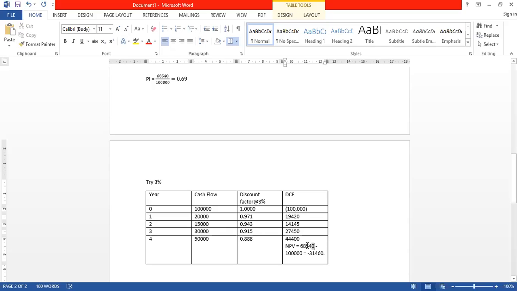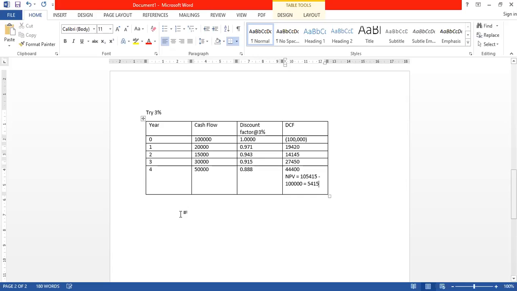That's perfect. Minus 100,000, that will give us 5,415. Positive. Now, what this means is that our IRR lies between 20% and 3%.